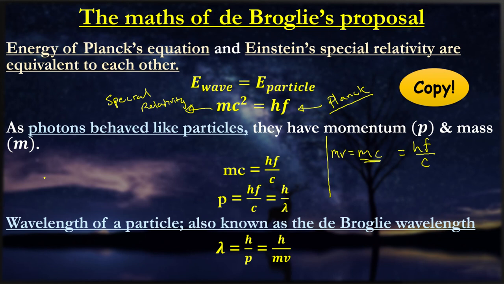We know that momentum is mass times velocity, which means this momentum of the particle will have such and such a value. That also means I can find the wavelength of this particle.